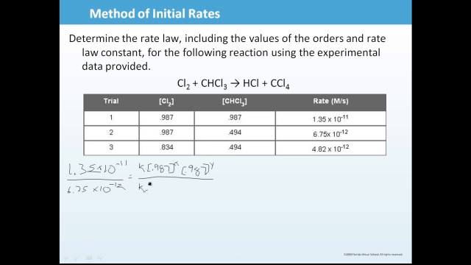Same K. The concentrations, we have 0.987 still for the Cl2, and for the second reactant we have 0.494, and this time it is again raised to the Y. Remember the K is a constant, so the K on top is the same as the K on the bottom, so we can cancel that out. The second expression is exactly the same on the bottom and top also, so we're going to cancel that one out.